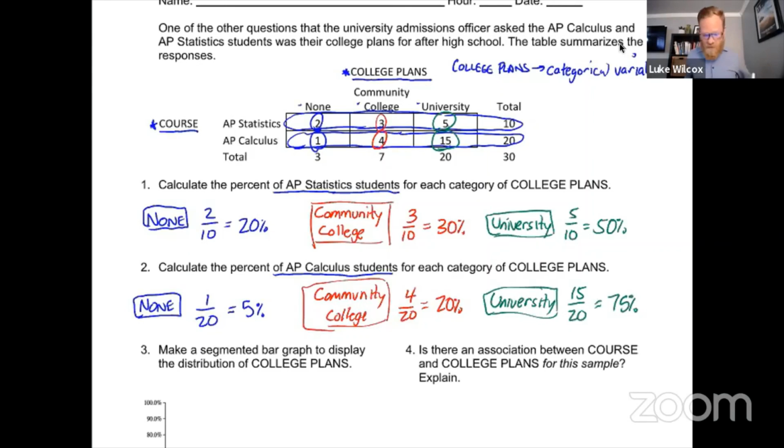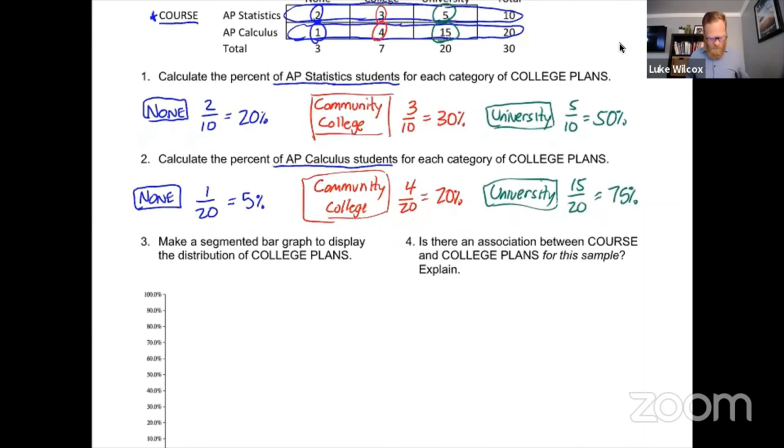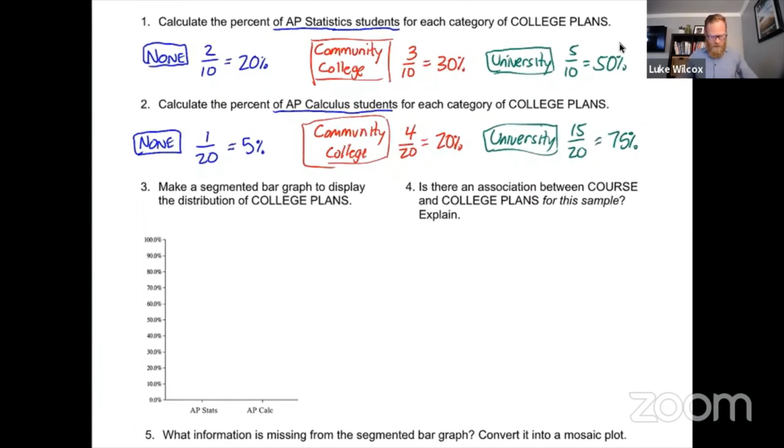So now we're going to try and take those values and make a graph with them. And specifically, we're going to make a segmented bar graph to display the distribution of college plans. So let's start with the AP Statistics students. And we know 20% of those students said none. So I'm going to make a little bar chart here.